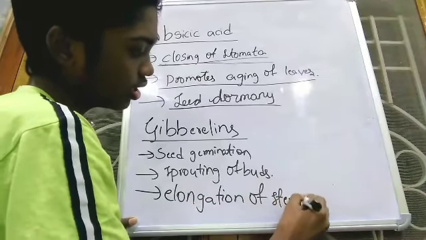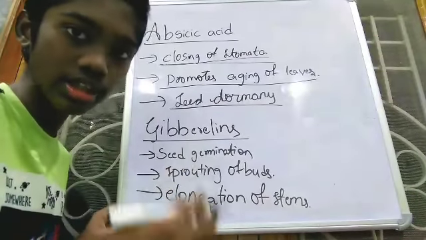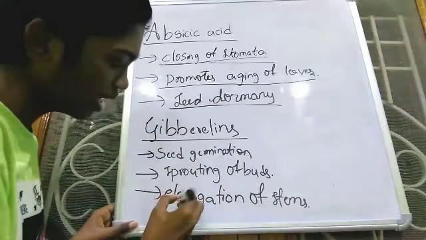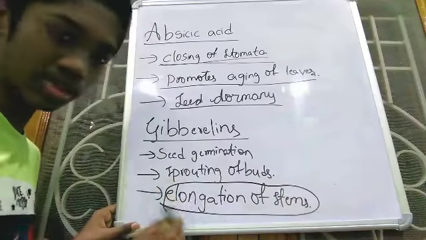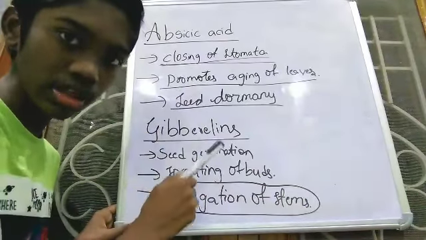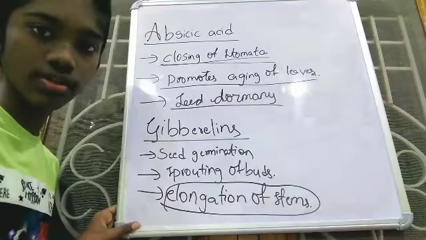We have seen that the first plant hormone, auxin, helps in the elongation of cells in the stem, but gibberellins helps in directly elongating the stems. Auxin, elongation of cells of the stem of the plant. Gibberellins, elongation of the stems of the plants.